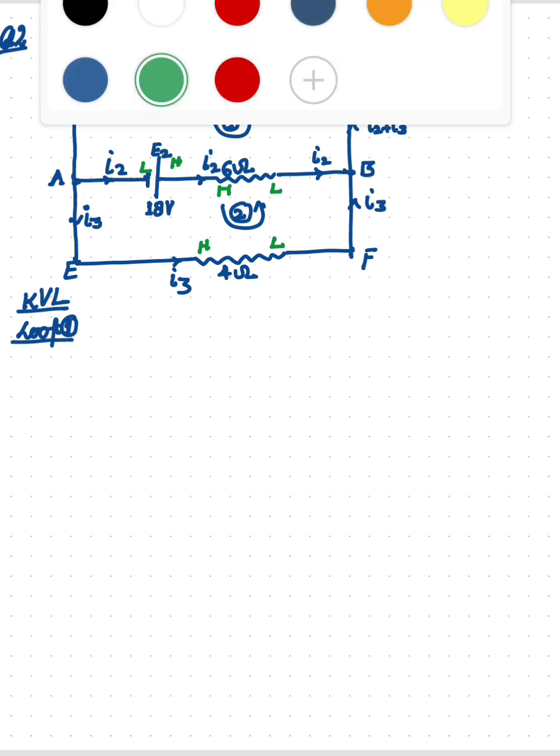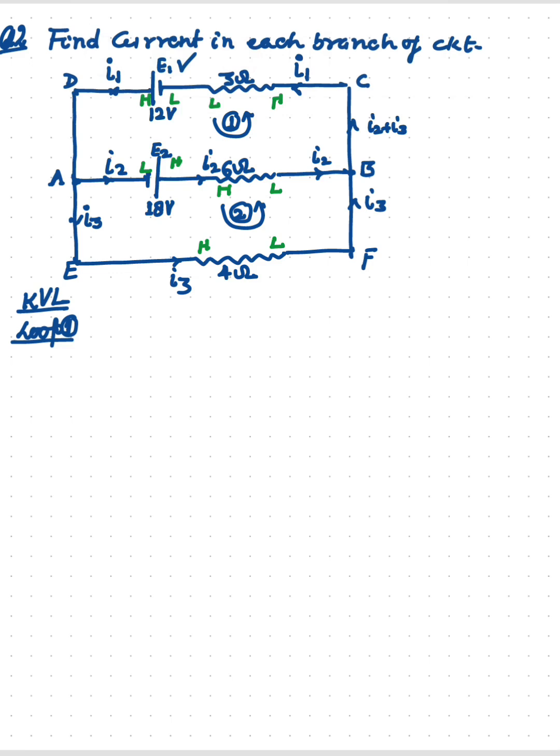Now in loop 1, let's apply. I am starting with the 12 volt battery, so across the 12 volt battery we are traversing like this. Low to high, so this will be plus 12, and here low to high again, so plus 18, and here high to low, so minus 6 I2, and here high to low, so minus 3 I1. Any problem?